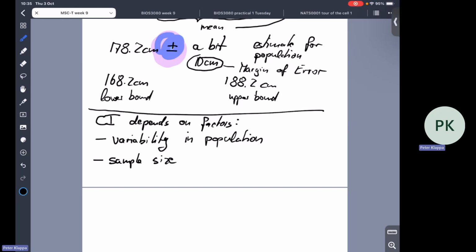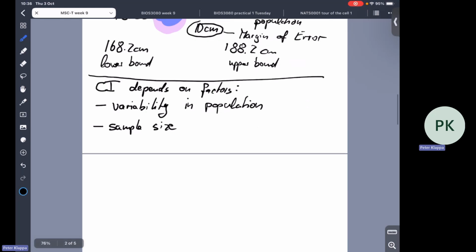Okay. So how can we find the variability of the population? We're looking at the variability of the population. Can we find the variability of our sample? Yes, with descriptive statistics, right?